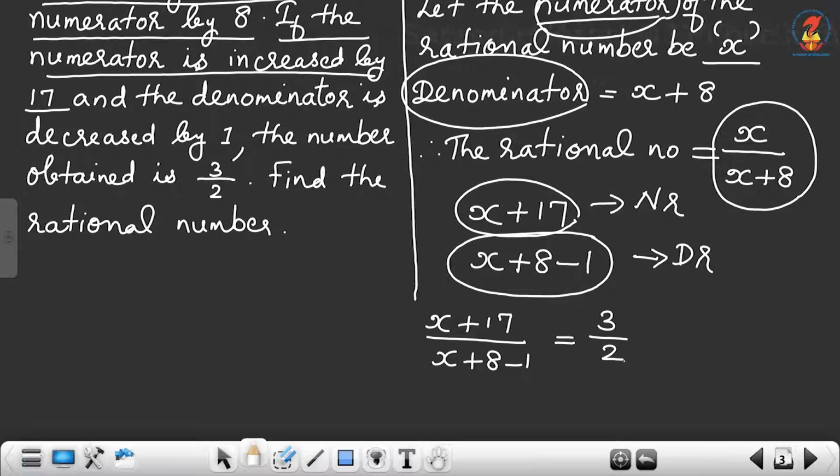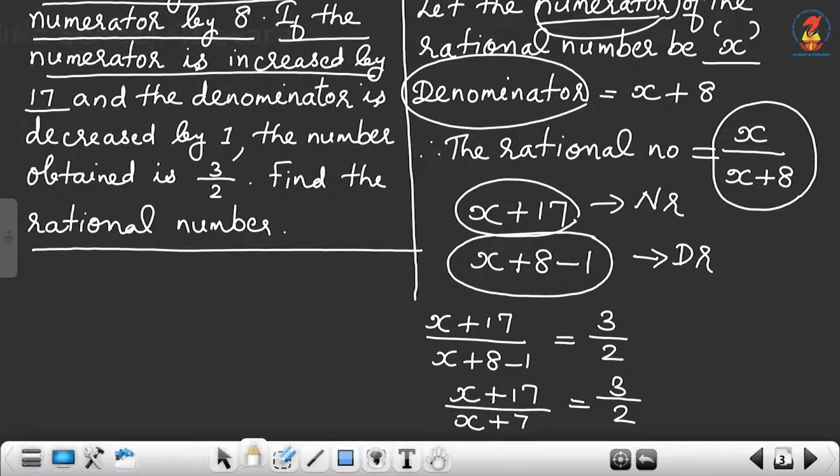Therefore, x plus 17 by x plus 8 minus 1. What is 8 minus 1? It is 7. So, x plus 17 by x plus 7 is equal to 3 by 2.